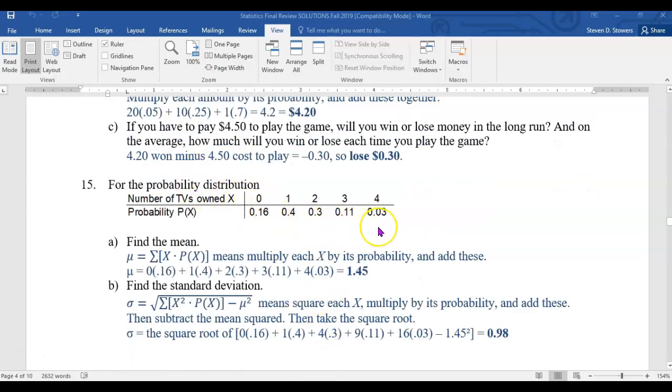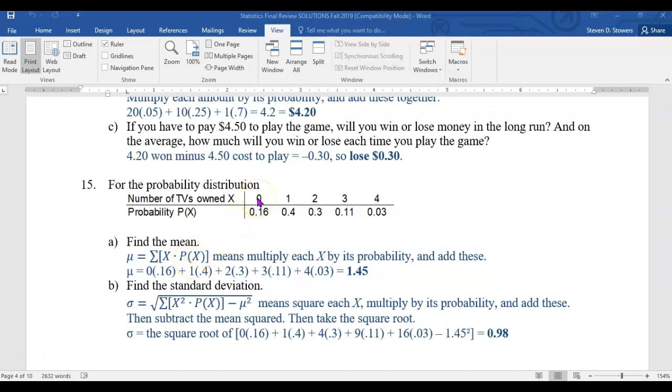Here's another probability distribution, and here we are being asked to find the mean and the standard deviation. The formula for the mean looks like this, but you have to know what that's telling you to do. It's telling you to add up x times p of x.